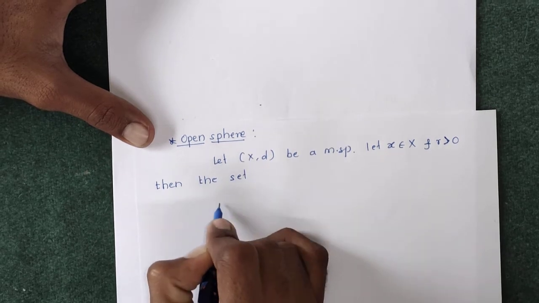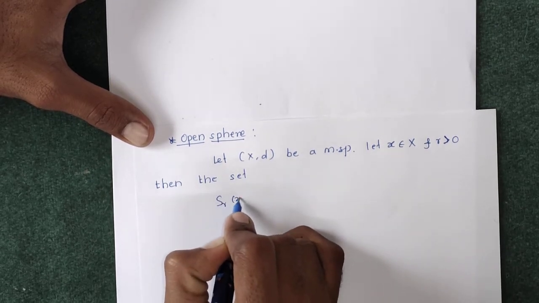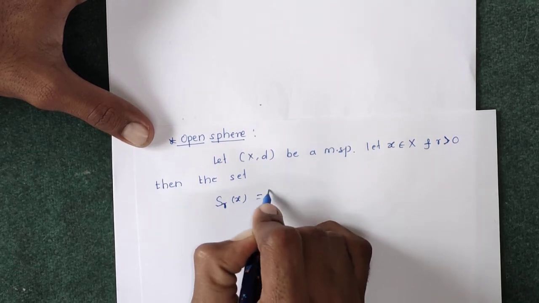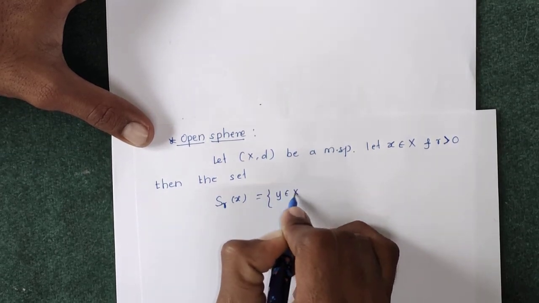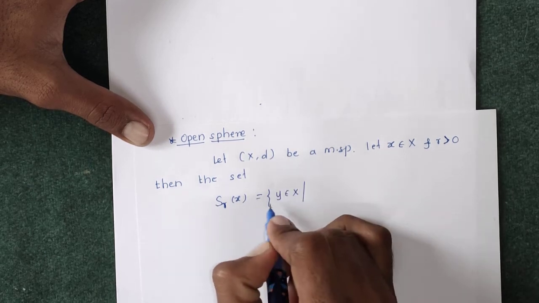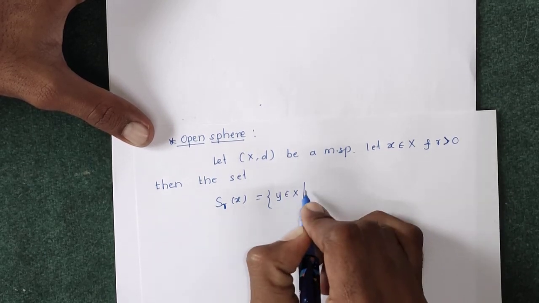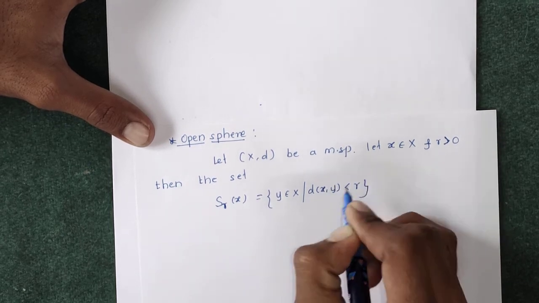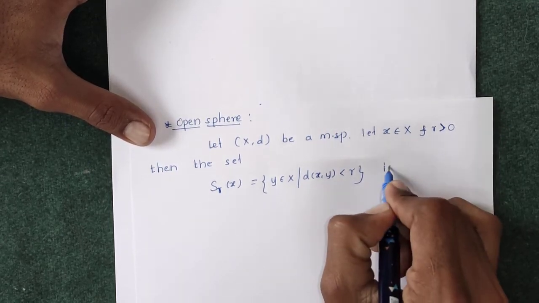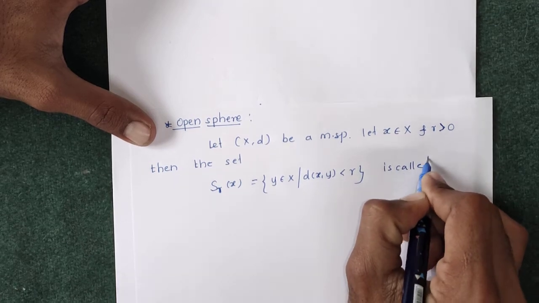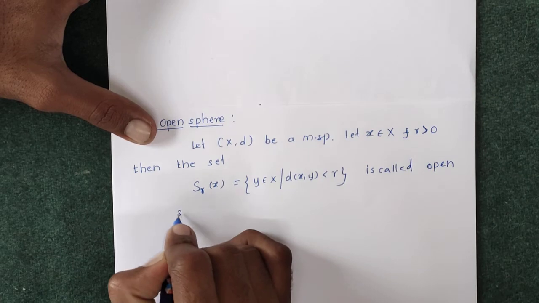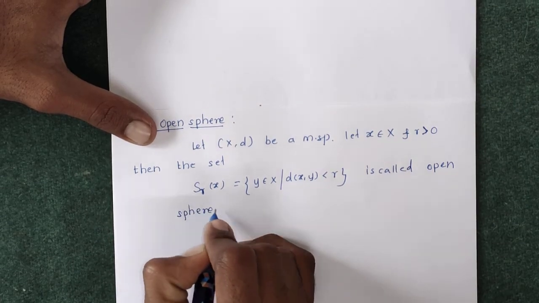the set S_r(x), the notation is capital S suffix r of x, this set is called open sphere. The set is {y belongs to X such that distance d(x, y) is less than r}. It's called the open sphere about x.